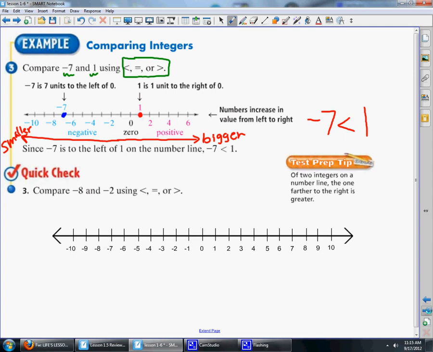All right, here we go. We graph -8, which is here, and then we graph -2, which is here. So -8 is farther to the left, so that means that -8 is less than -2. You could also write it as -2 is greater than -8. Either one of those answers is fine.